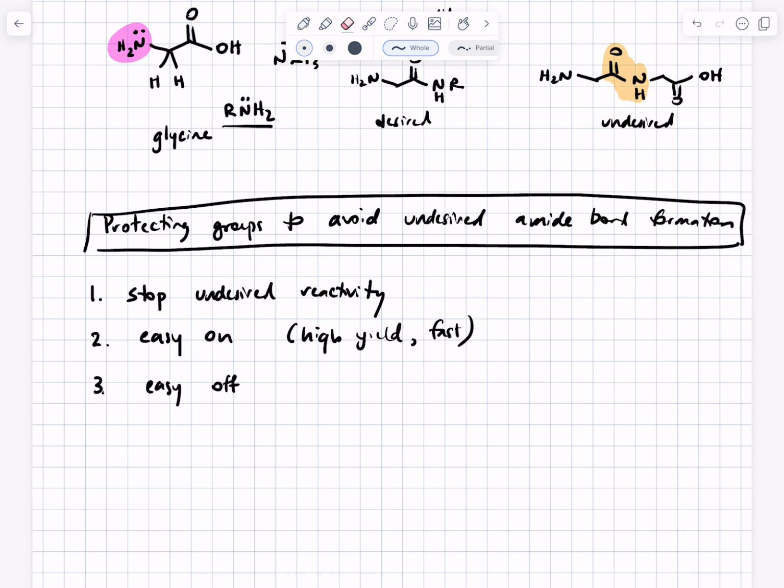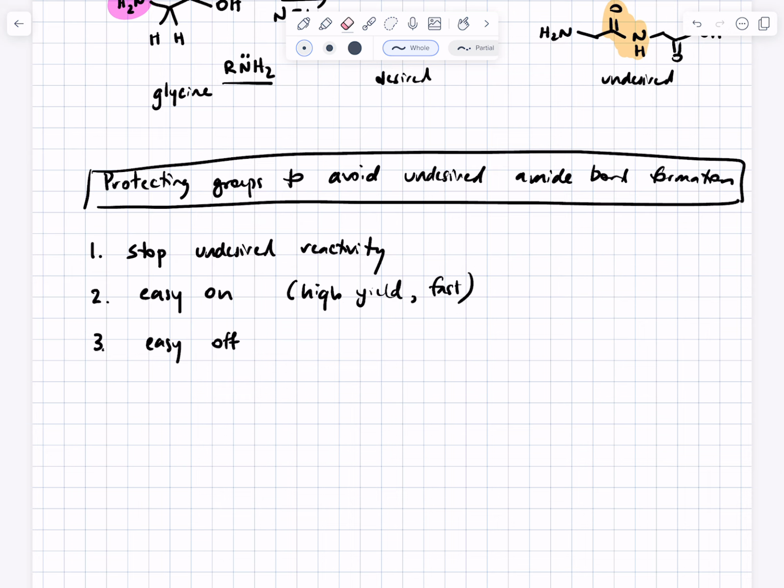That would be great, if either putting the protecting group on or removing it, both were high yielding, fast, and no purification. I will say that putting the group on is called a protection reaction. Removing the group is called deprotection.